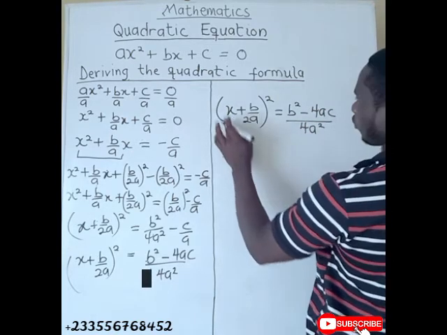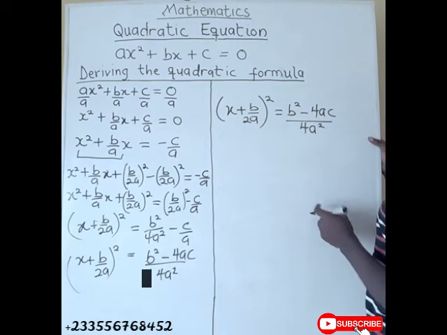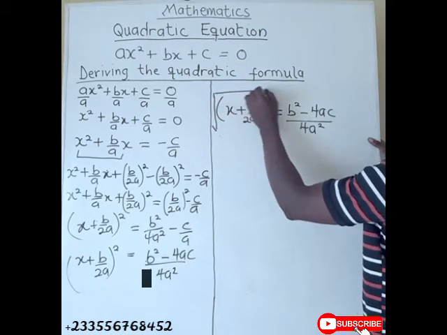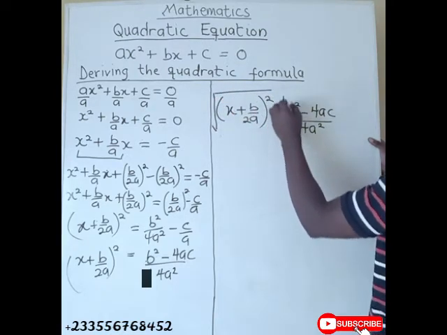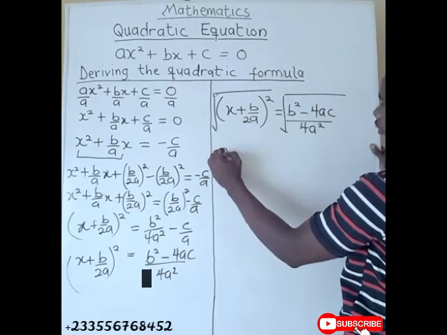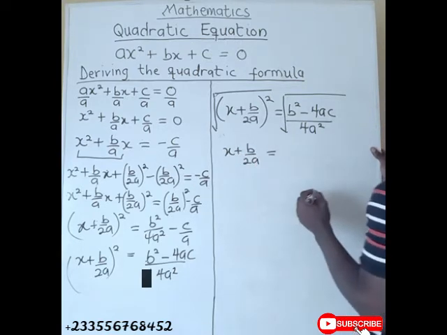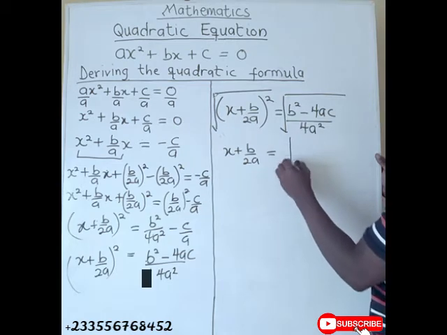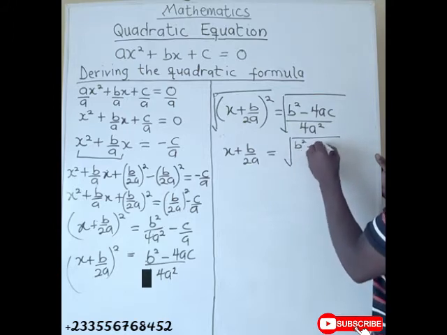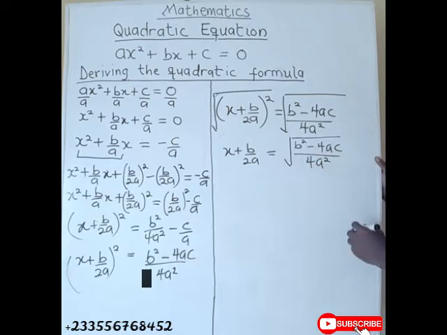So at this point we'll use the square root. We'll root both sides, on the left hand side to take away the square. So applying the root at both sides, this will cancel the square, leaving x plus b over 2a is equal to the root of b squared minus 4ac all over 4a squared.